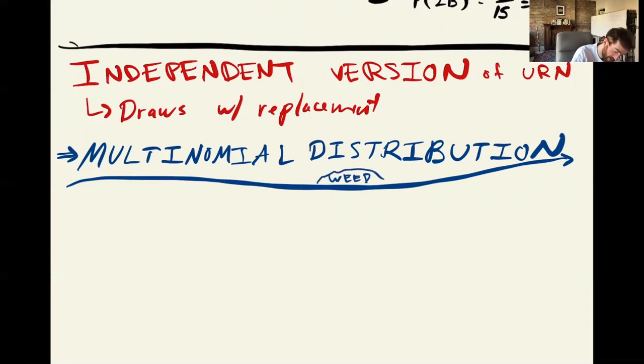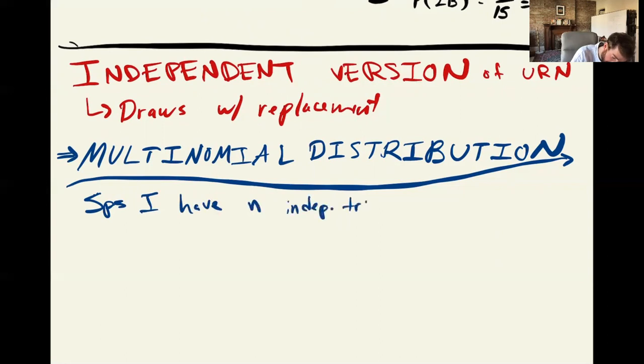All right, so what's the basic idea here? Suppose I have n independent trials with m possible outcomes.